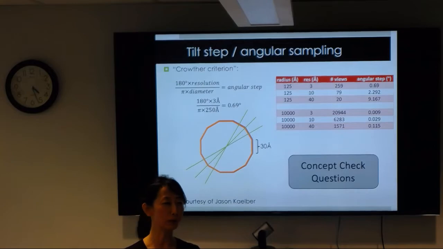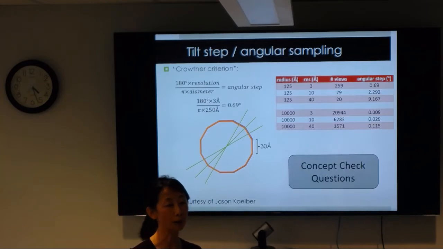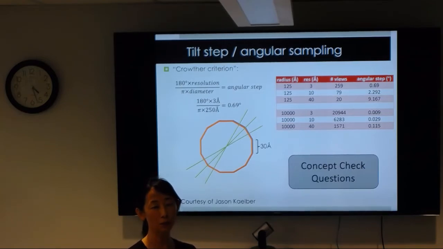But some people don't agree with me. They say you want to cover as much range as possible, so the mismatch is going to be smaller, right? And some people say, I just want a very good image of the particle in low tilt only, for example minus 40 to plus 40. That way, those are the images with better information, better signal. Low tilt gives you more structural information than higher tilt in general.